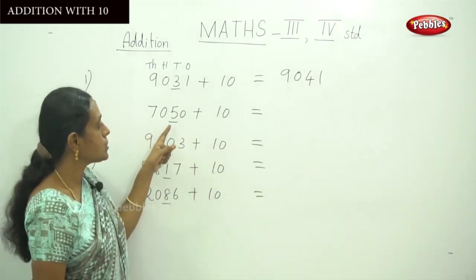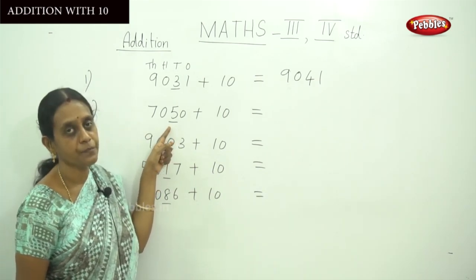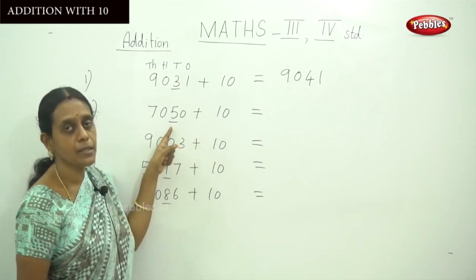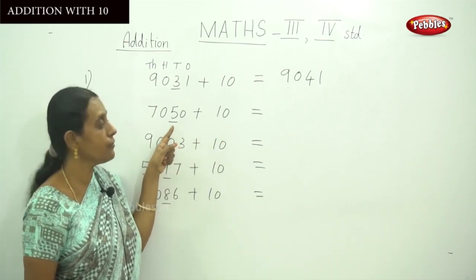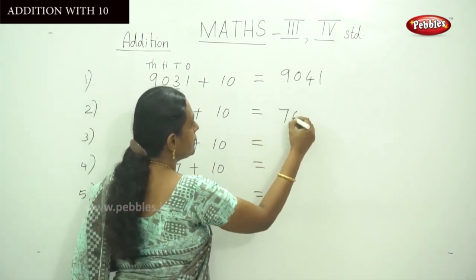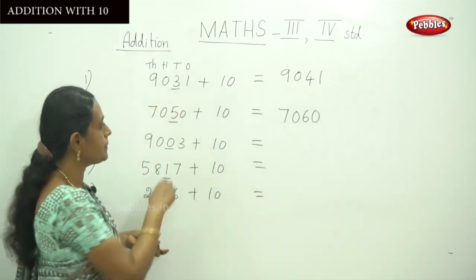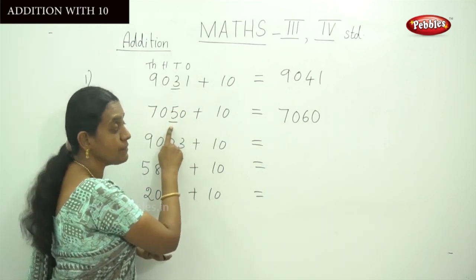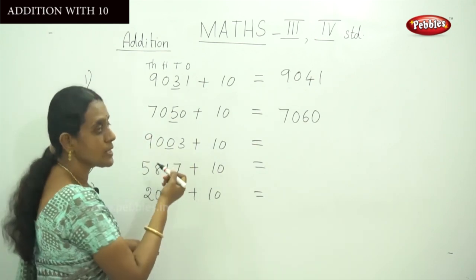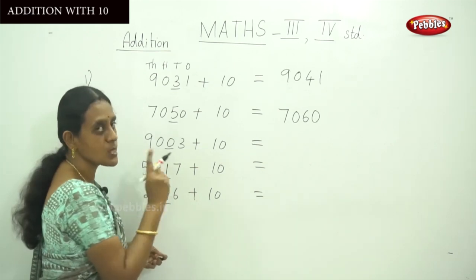And here, focus on your tens place number. Here the tens place number is 5. Adding 10, the next tens number after 5 is 6. So 7050 plus 10, the answer is 7060. The 5 becomes the next, 6. And 9003: here the tens digit is 0, so the next is 1.